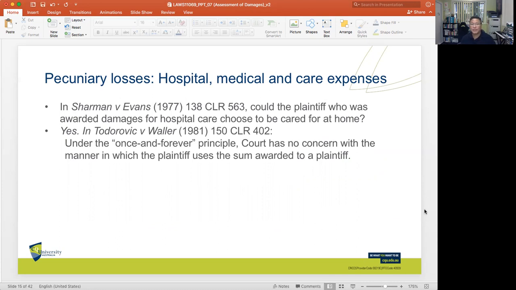Would that be permitted? The answer is yes, because under the once and forever principle, enunciated in Todorovich versus Waller, the court has no concern with the manner in which the plaintiff uses the sum awarded. So once it's paid out, that's the end of the story. It's up to the plaintiff or the plaintiff's family members to decide what to do with the monetary award.